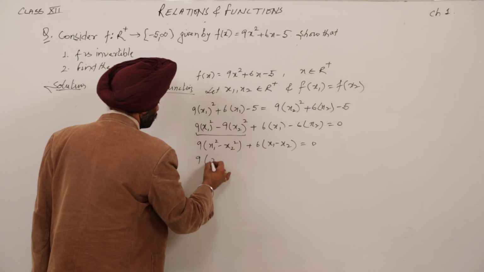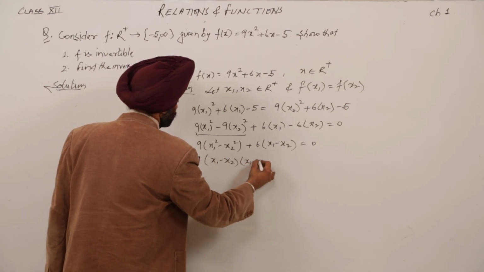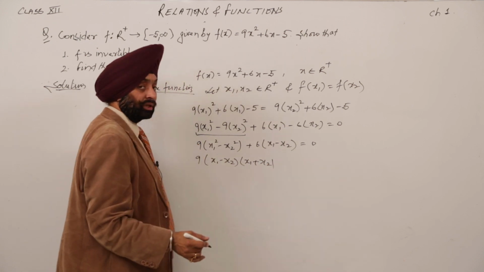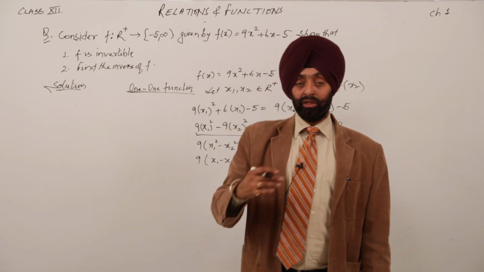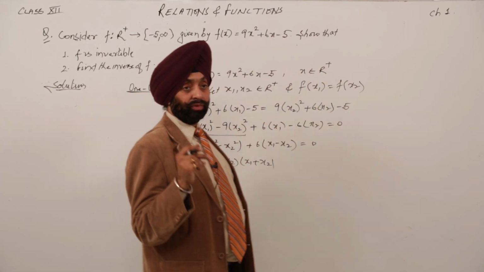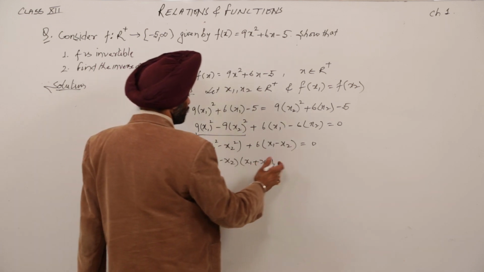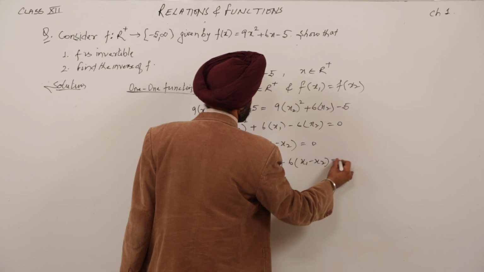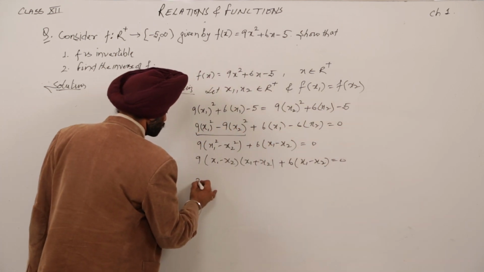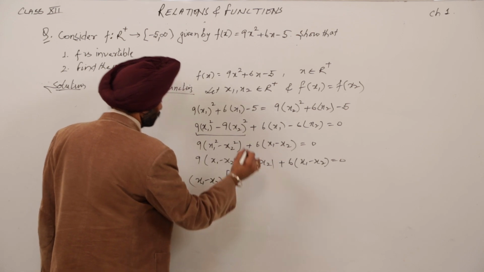Now 9(x1 - x2)(x1 + x2). What have I used here? The identity for a² - b². The result is a² - b² = (a - b)(a + b), and that I have used here. Plus 6(x1 - x2) = 0. Taking x1 - x2 common, what is left inside?